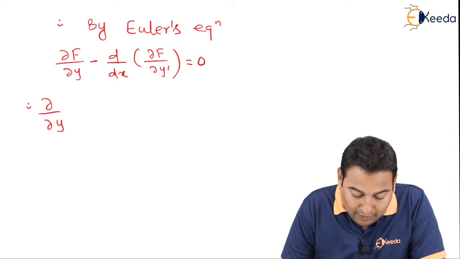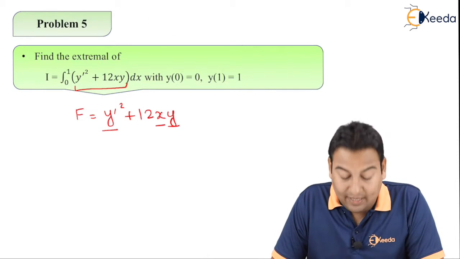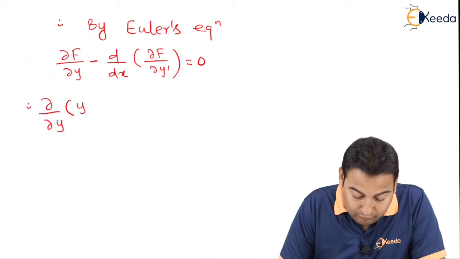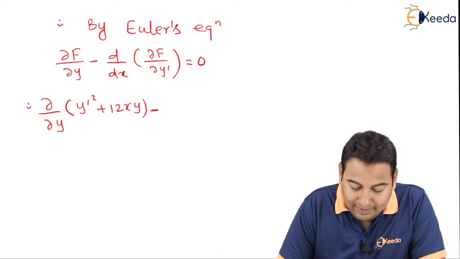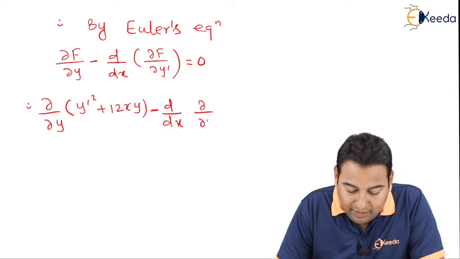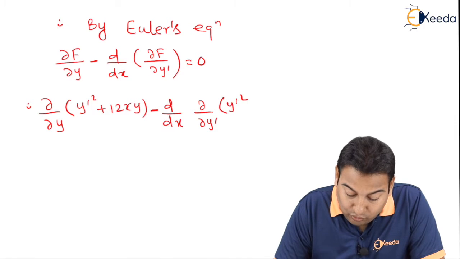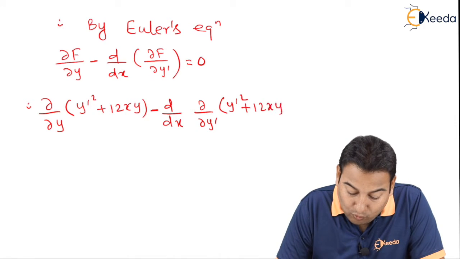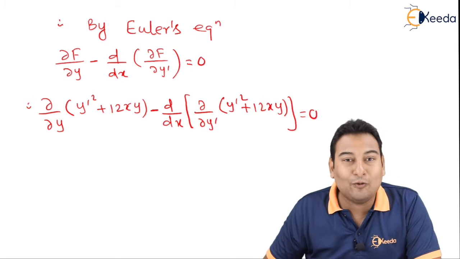Dou upon dou y of f, f is y dash square plus 12xy, minus d by dx of dou by dou y dash of f again, which is y dash square plus 12xy, which is equal to 0.